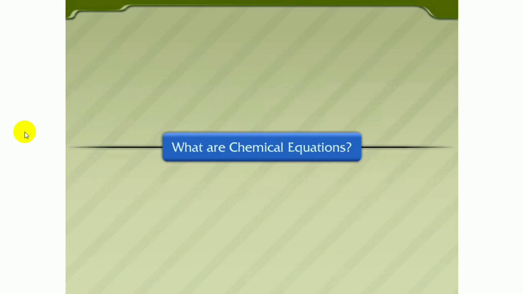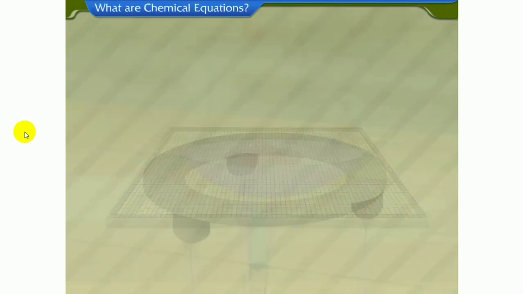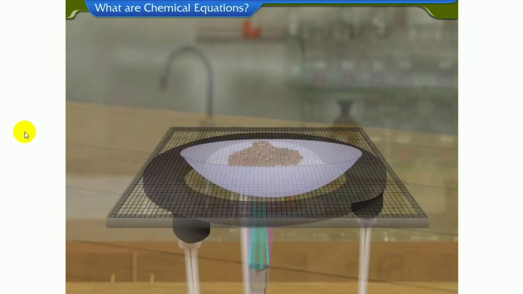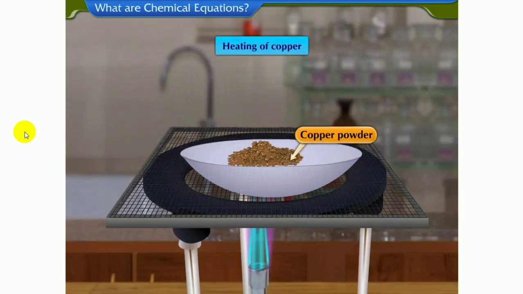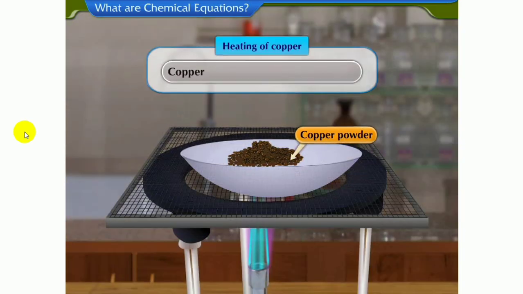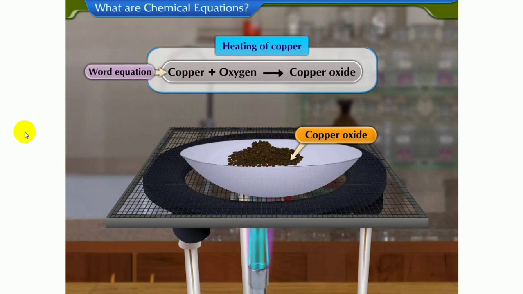What are chemical equations? Heating of copper can be represented as copper plus oxygen gives copper oxide. This simple form of representing reactions in words is called a word equation.